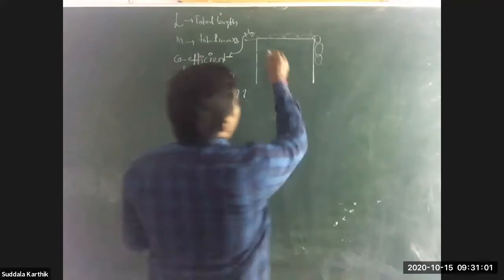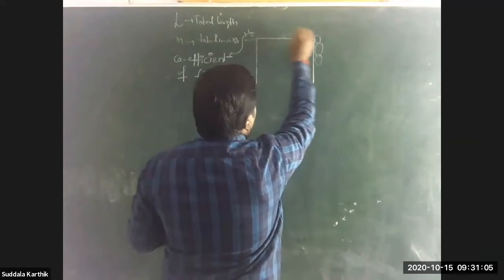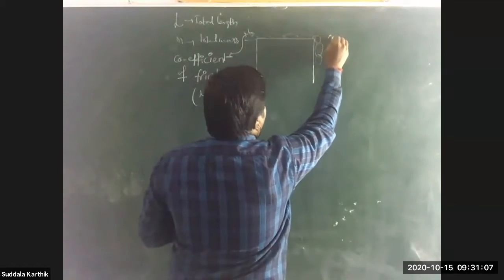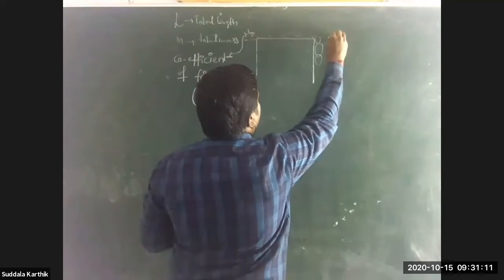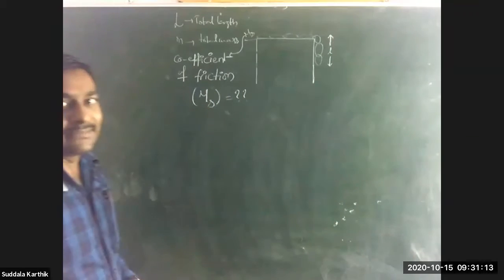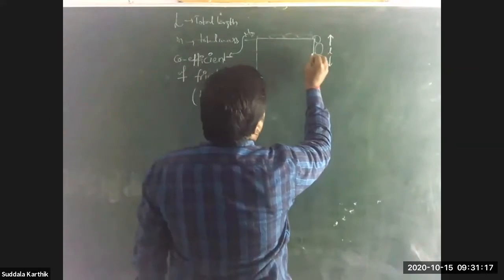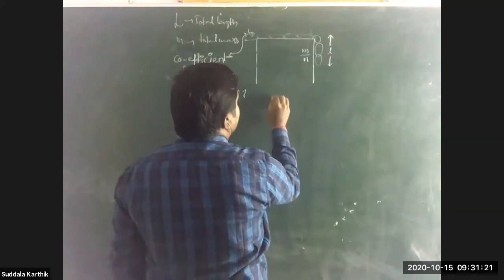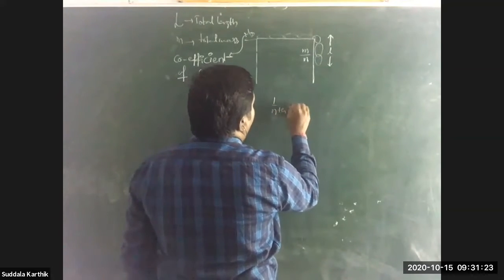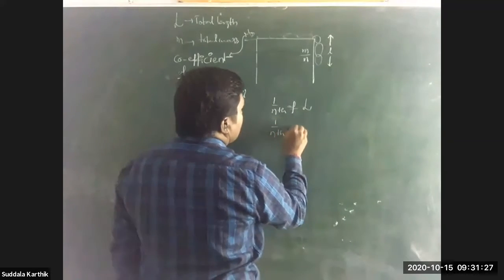For that purpose, the total length is this much. The length of the hanged part, let it be l. The mass of the hanged part is m by n, since it is 1 by nth of the total length and 1 by nth of the total mass.